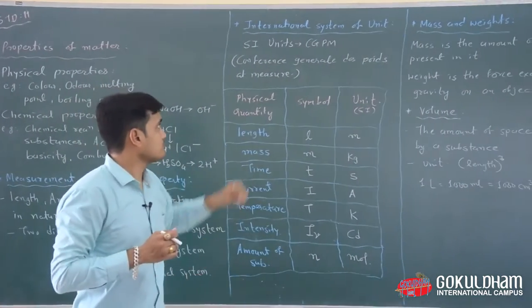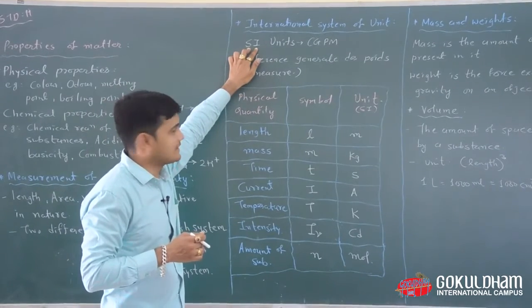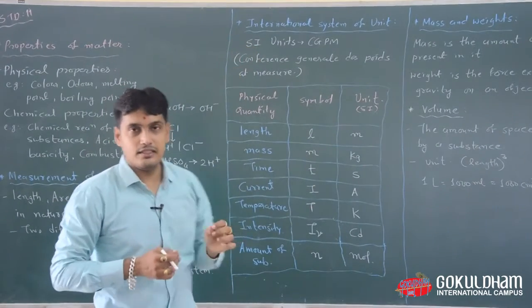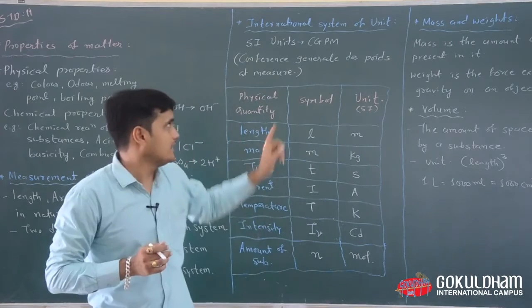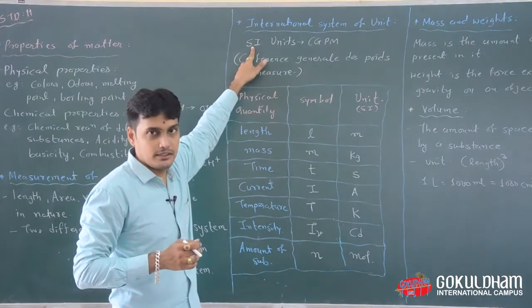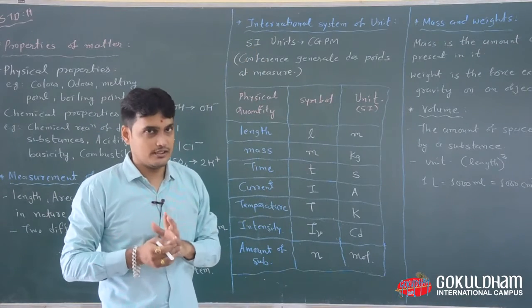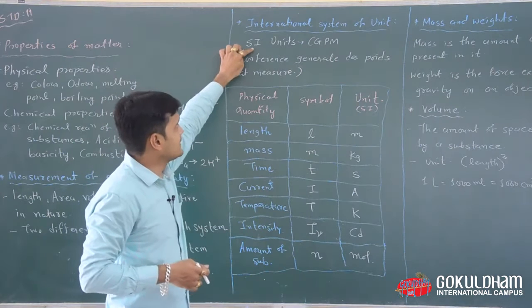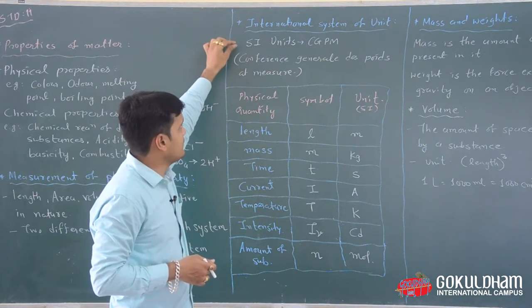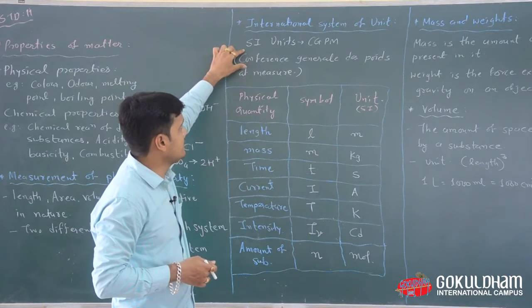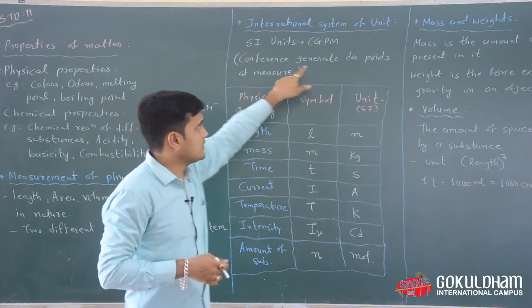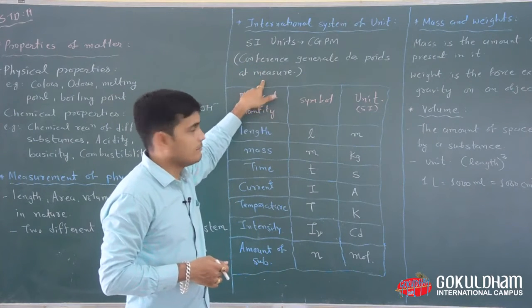The full form of SI is Le Système International d'Unités. These SI units were established in the 11th century by the CGPM, the Conférence Générale des Poids et Mesures.